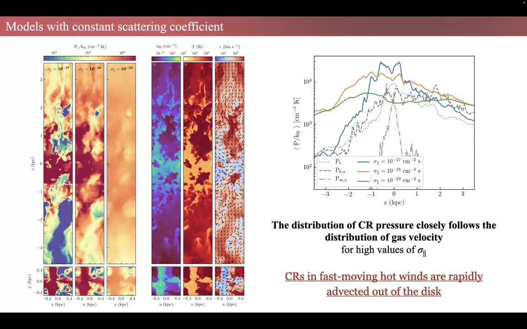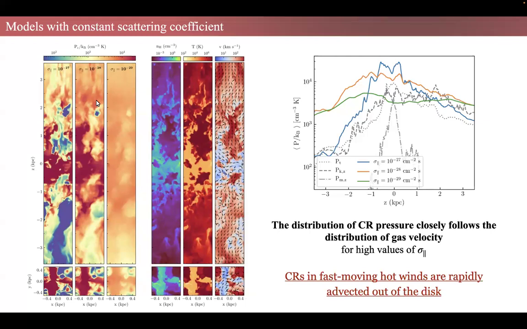The second set of panels show the distribution on grid of gas density, gas temperature, and gas velocity. And from a visual comparison, you can see that except for the model with high diffusivity, the distribution of cosmic ray pressure in the other 2 models nearly follows the gas distribution.